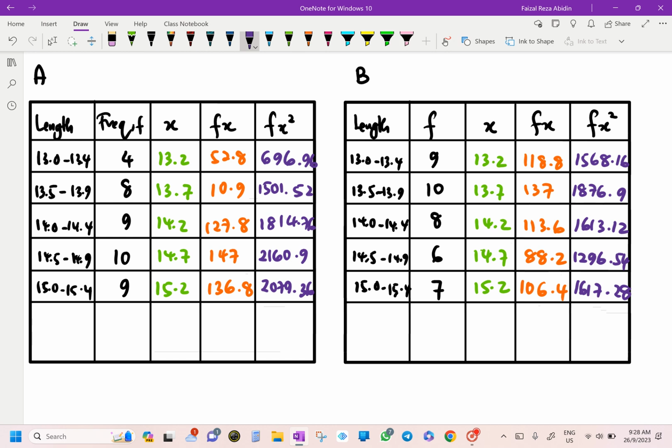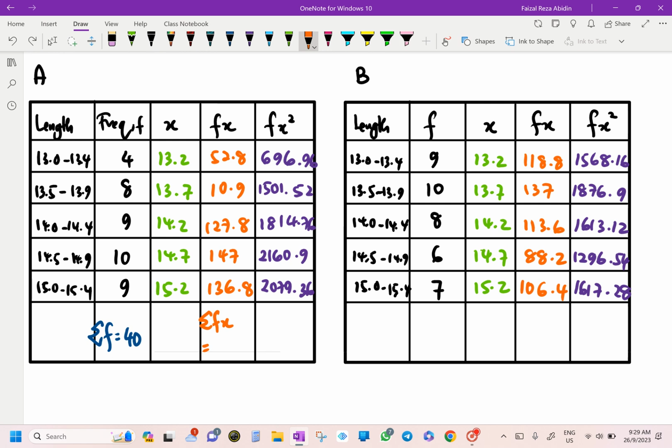Now we find the totals first. Total for frequency is 40. Midpoint we don't need. Total for Fx: maybe some can find species B, others species A, this is quicker.